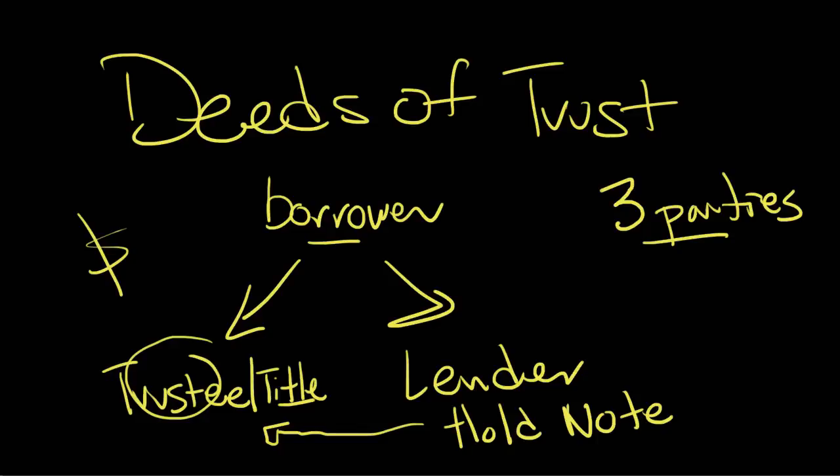Let's just leave it at that. It's held in trust until the mortgage is either defeated through the defeasance clause or accelerated, heaven forbid, through the acceleration clause. And then they get title from the trustee, and it goes back either to the lender or the borrower in full. Hopefully back to the borrower.